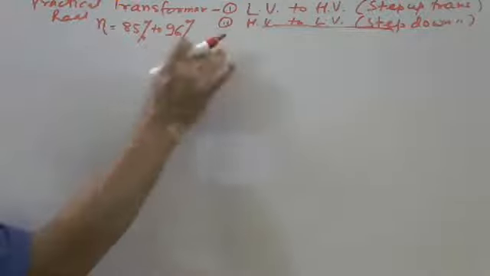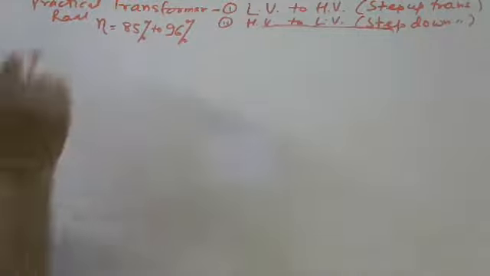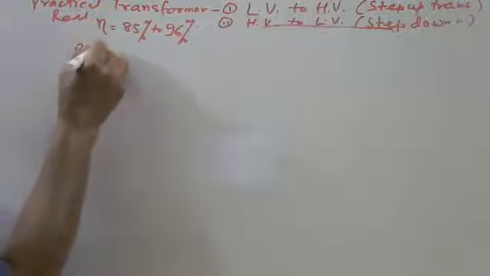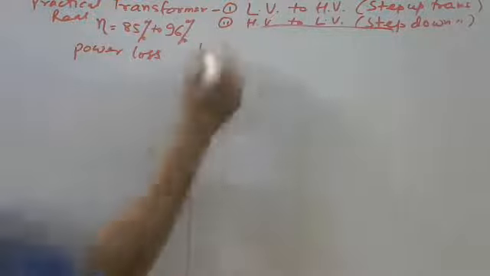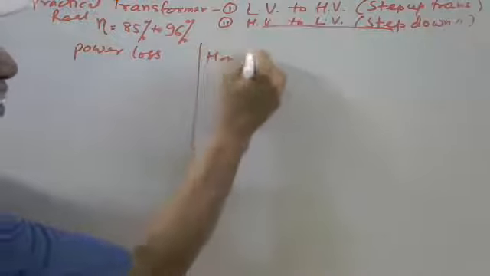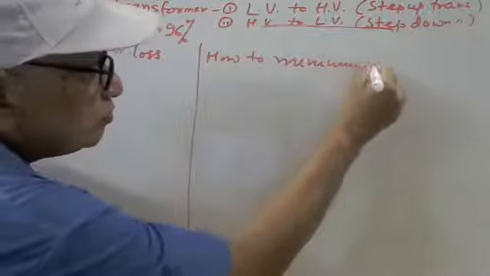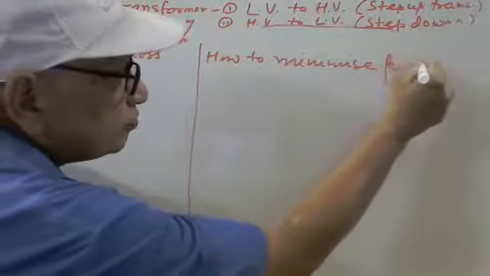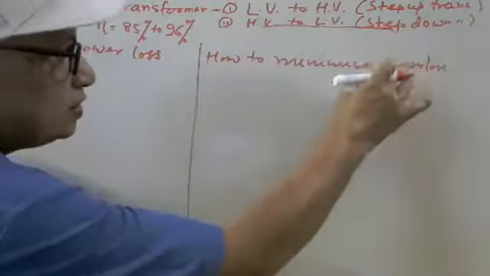Practically, efficiency varies from 85 to 96% because of some losses, and we have to discuss what type of losses. So, power loss in a transformer, and how we can minimize the power loss.